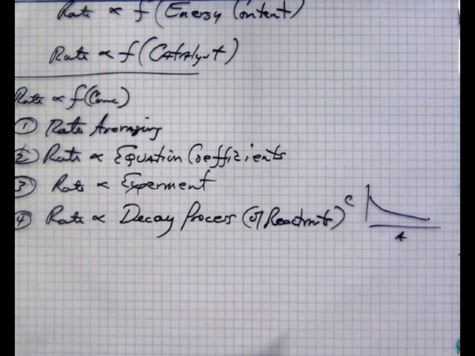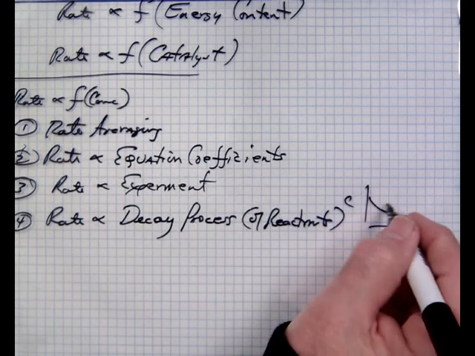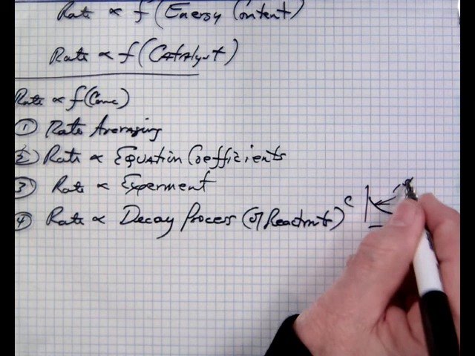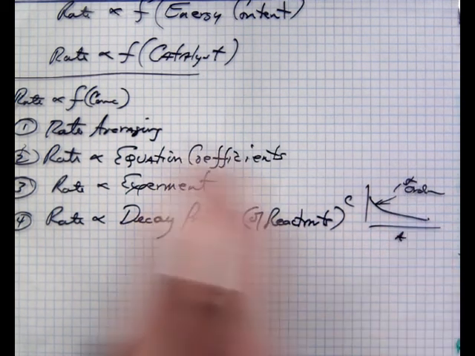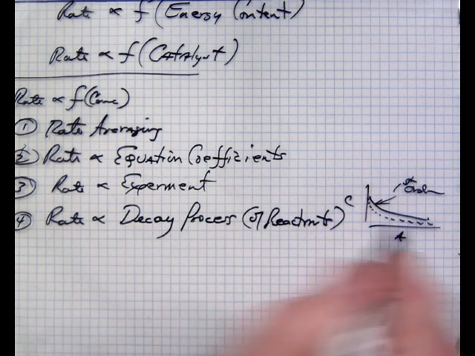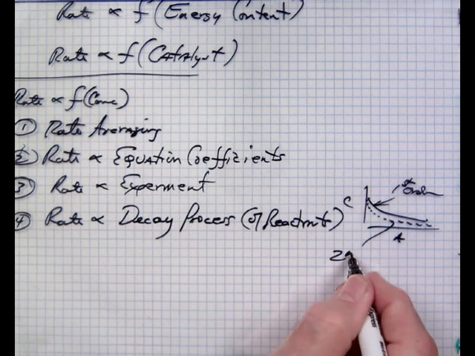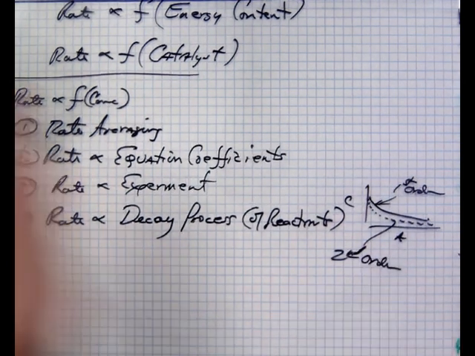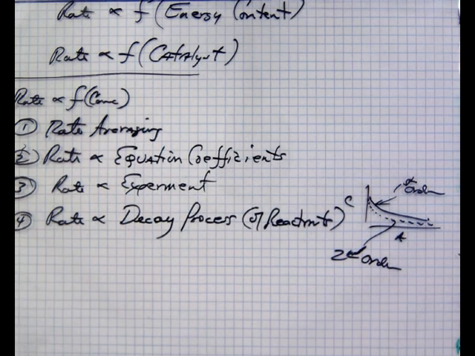This might be called a first order decay, and if it goes down sharper like that, that would be a second order decay. The one that goes down with less slope is slower than the one that goes down second order. So we have ways of defining first and second, and there are specific equations associated with each.